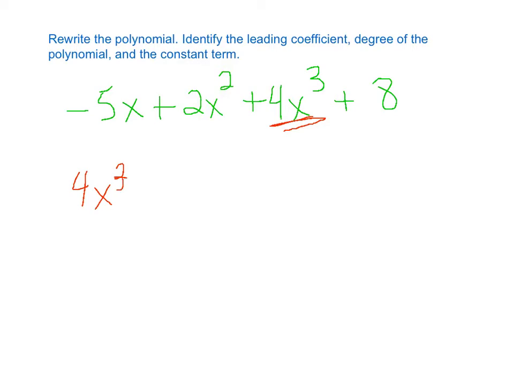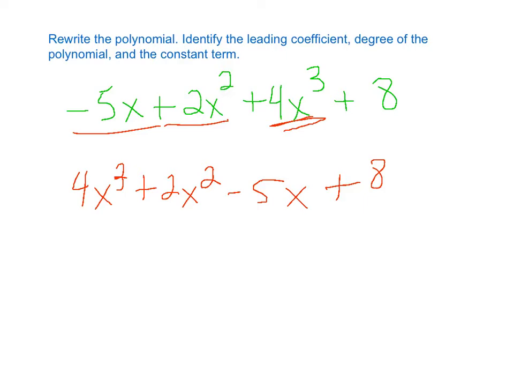What has the next largest exponent? That would be plus 2x squared. The next largest exponent, minus 5x, and then the lowest exponent, plus 8. So now this polynomial is rewritten so that the exponents decrease from left to right.